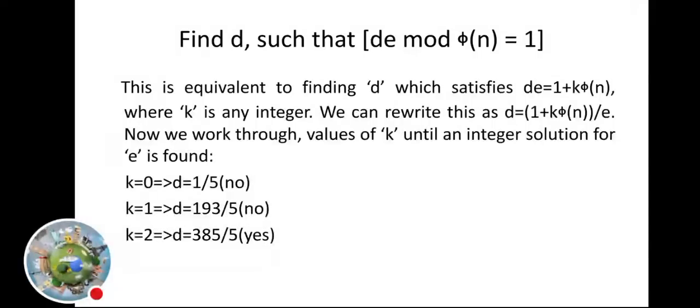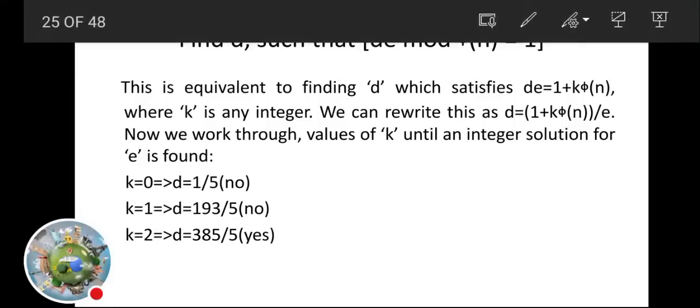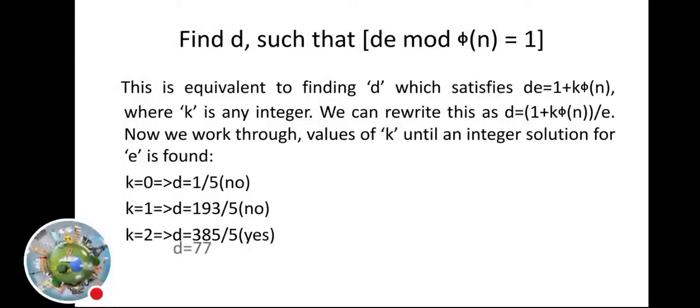K equals to 2, d equals to 192 into 2, 384 plus 1, 385 divided by 5. Yes, it divides equally by e. So d will be 77.